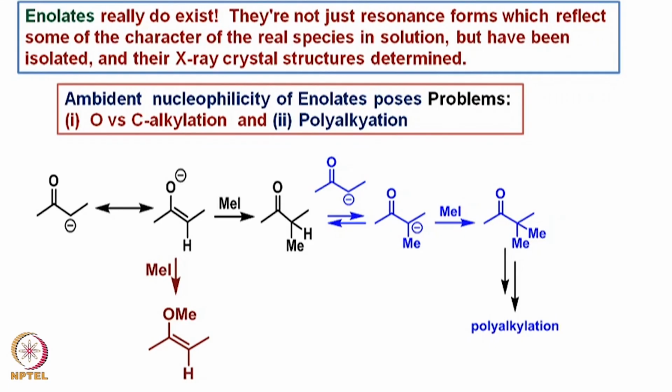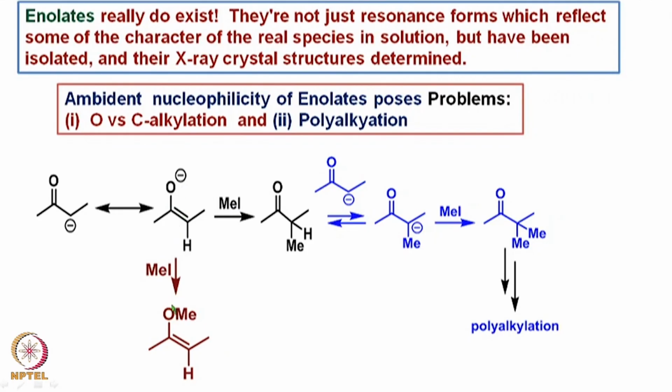So if we have a carbanion of this type, it will exist in its enolate form as a resonance structure, and both these anions, one carbanion, one enolate ion, would show nucleophilic character, and therefore they are ambident nucleophiles. One of course leads to C alkylation and the other leads to O alkylation.